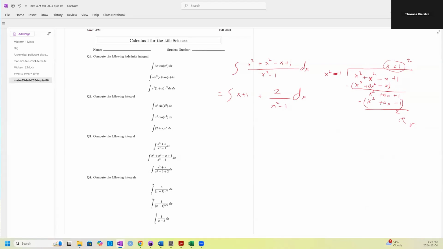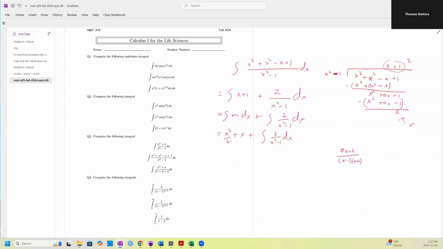Now, I do need to do partial fraction decomposition here. So I'm going to, again, split it up into the integral of x plus 1 dx plus the integral of 2 over x squared minus 1 dx, which equals x squared over 2 plus x plus the integral of 2 over x squared minus 1 dx. I deal with this first piece, and then now I have to do partial fraction decomposition. Because it's x squared minus 1, I know it's 0x plus 2 over x minus 1, x plus 1.